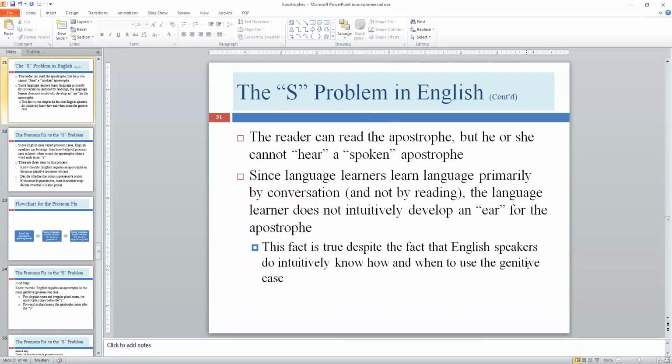Okay, so you may be thinking to yourself, possibly you are, why do we use the apostrophe? I mean, after all, when we speak, we don't hear the apostrophe. When you and I speak, there's a lot of information that is going back and forth. I'm making eye contact. I may be gesturing.